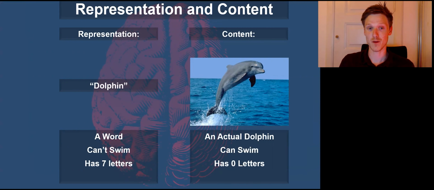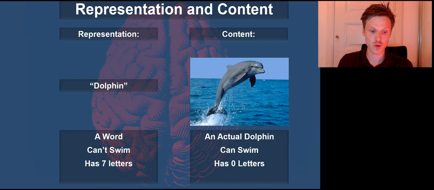The content of a dolphin is an aquatic mammal that swims in the ocean, an actual dolphin that can swim, and an actual dolphin doesn't have any letters, whereas the representation is a word and has 7 letters, and this word cannot swim. So this is the difference between having a representation and what that representation has as its content.